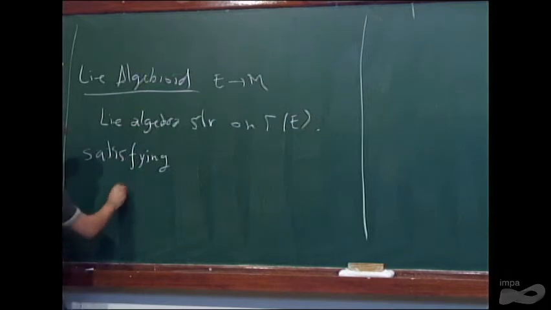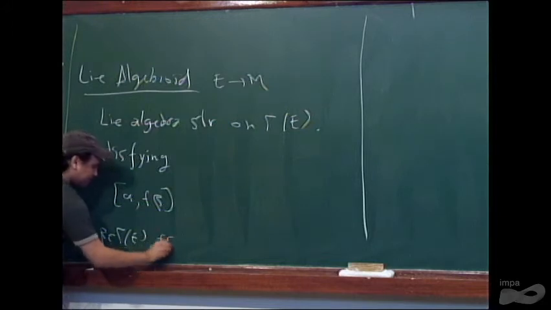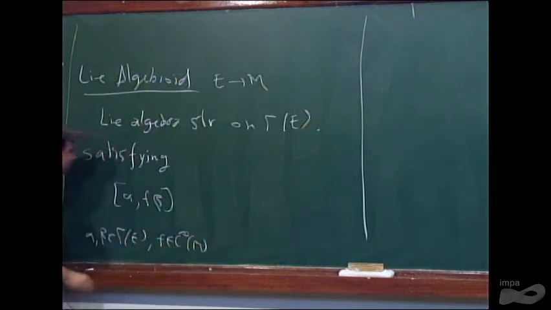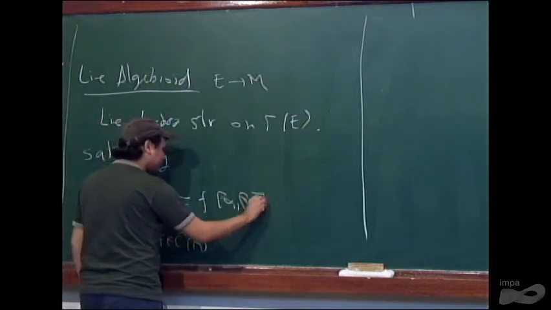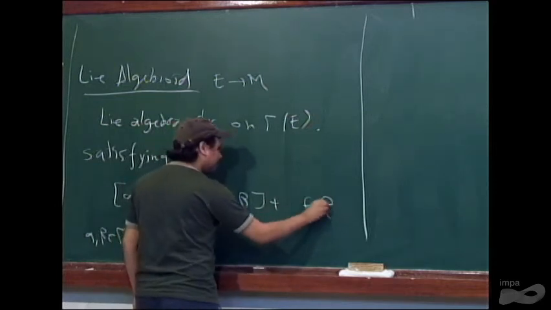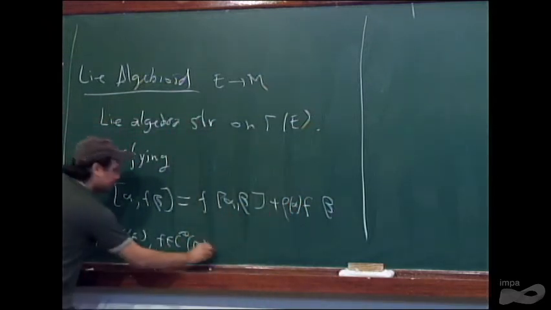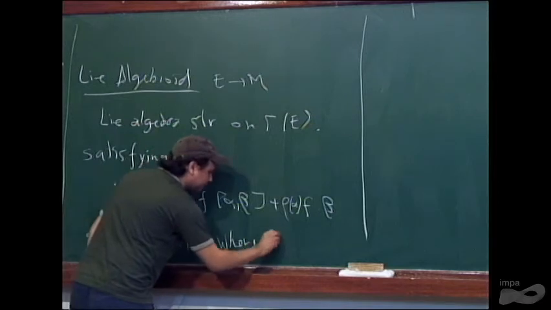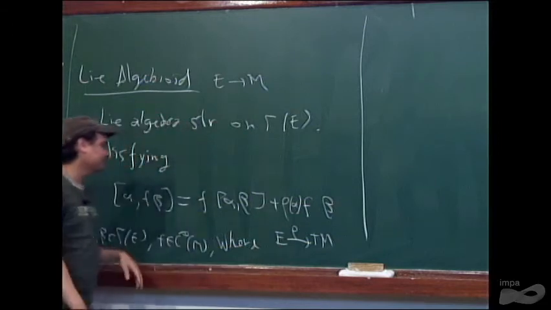the so-called Leibniz rule. That is, if you have two sections α and β in Γ(E), and f a function on the base manifold M, then it satisfies this rule, plus something deriving f times β, and this thing that derives f involves the anchor map, where this ρ here is a bundle map from E to TM.